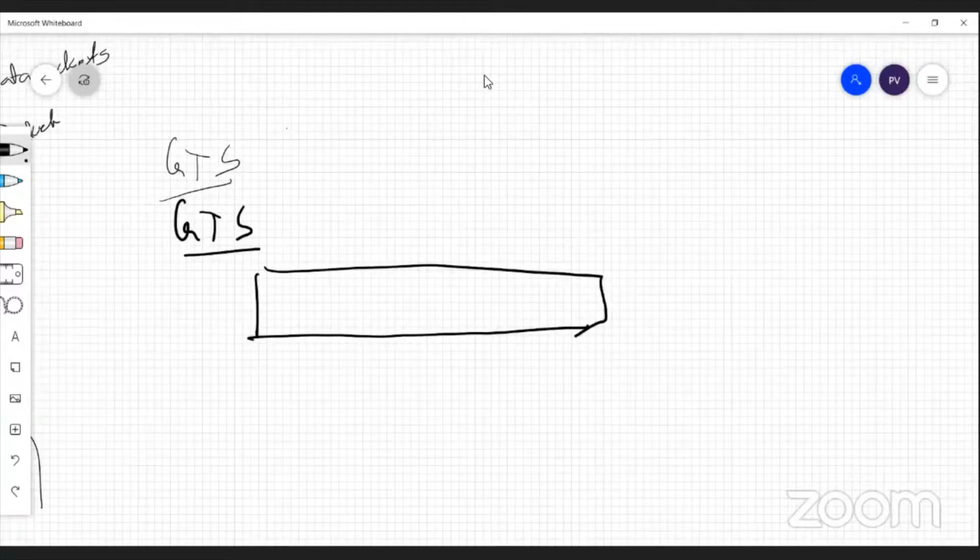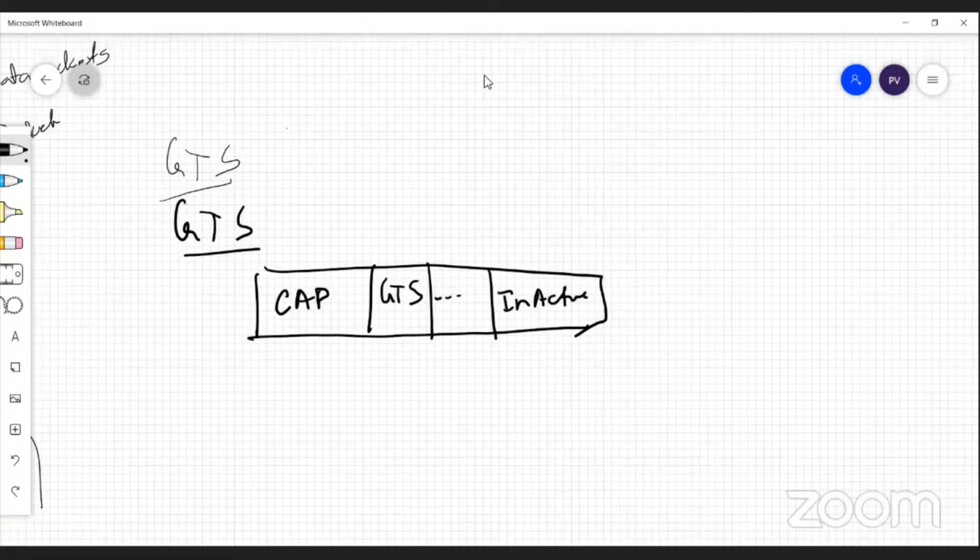In that, there is a CAP, contention access period, followed by GTS slots. You'll have some number of GTS slots, and then there is an inactive period. Here is the beauty: you can get hold of a guaranteed time slot. Let's say you are interested in this GTS. I'll divide this into smaller chunks, so that this is 1, 2, and so on.